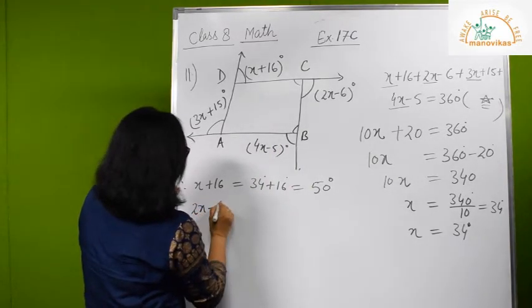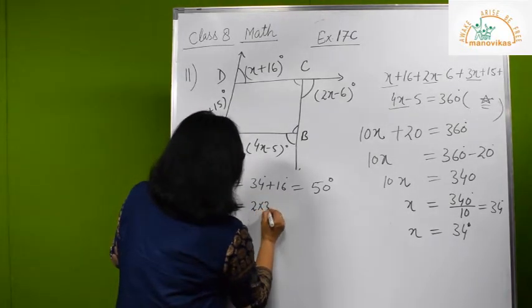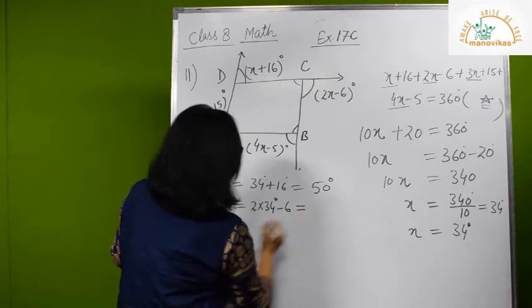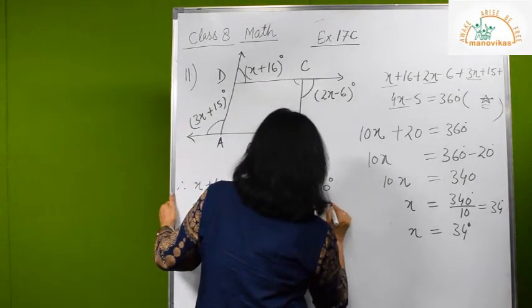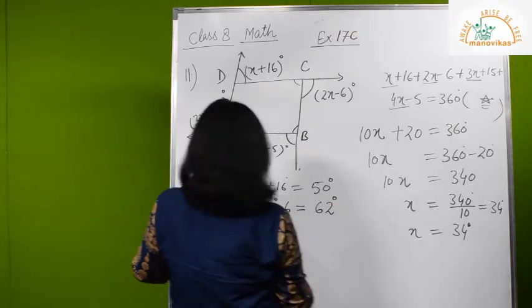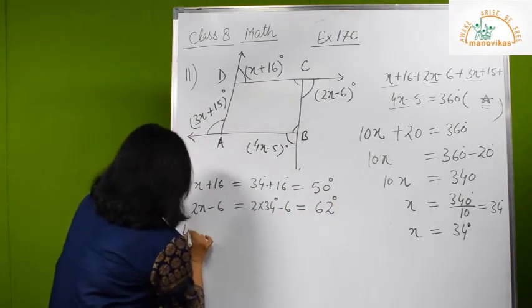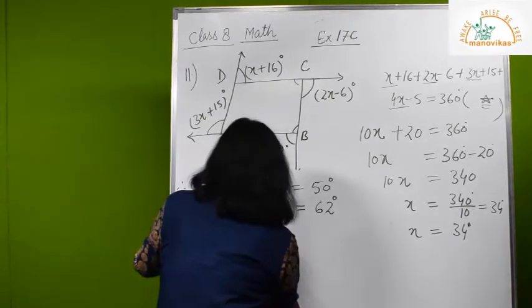Now 2x minus 6, so 2 into 34 minus 6, 62 degrees. Then 4x minus 5, put the value of x.